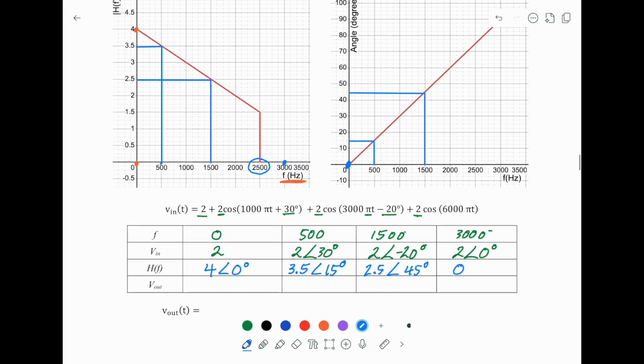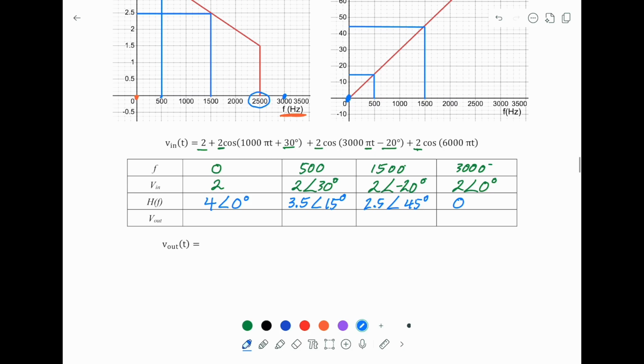Now next, we have to find the output and write it down with a phasor. So next is 4. If this is 1, it becomes 4, but you have 2 here, so this becomes 8, and the angle, of course, 0. 3.5 multiplied by 2, so this is 7.